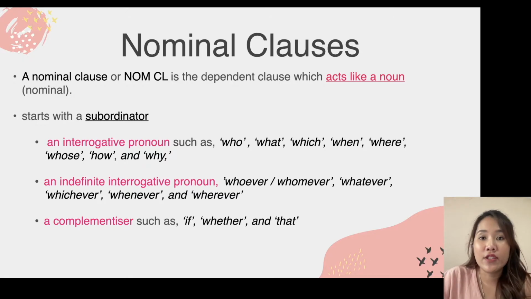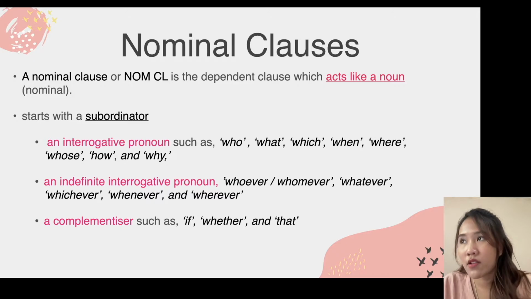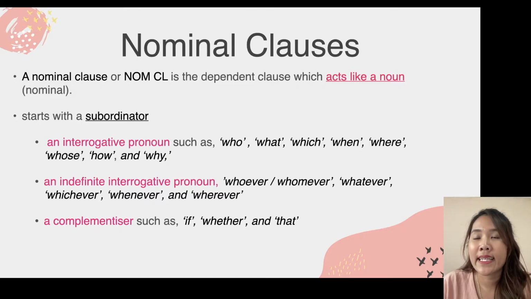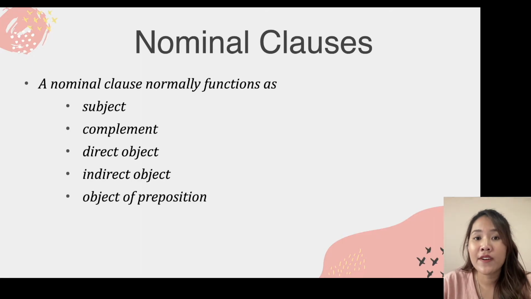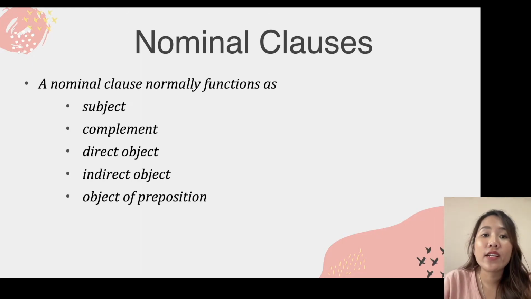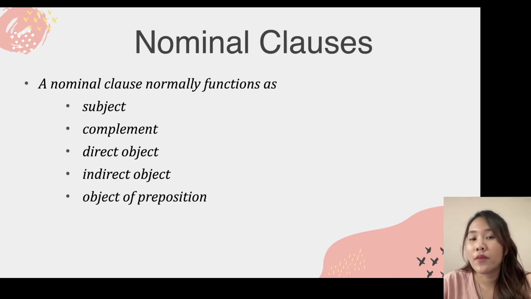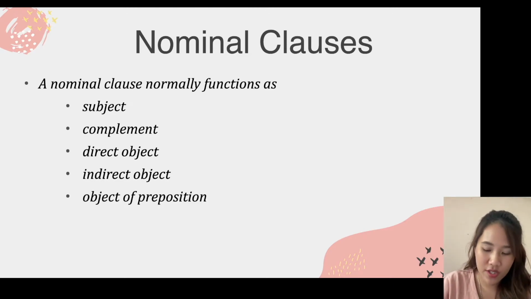But what I would like you to focus on is to know first that this one is a dependent clause, and know what kind of function it has in that sentence, in that structure. So once again, as I remind you, a nominal clause functions as a noun. What a noun can do, a nominal clause can do too. So a nominal clause can function as subject, complement, direct object, indirect object, or complement of a preposition.